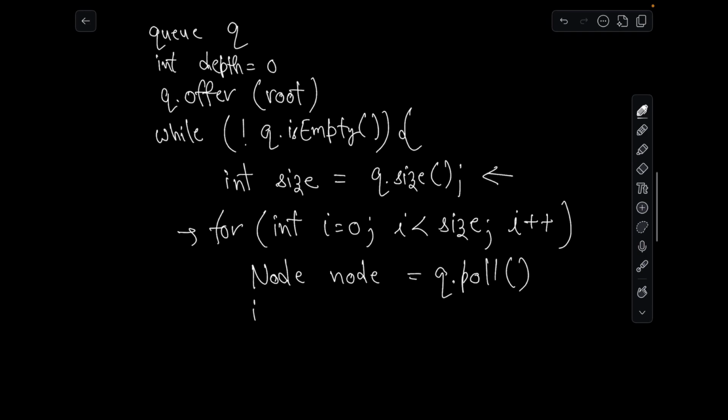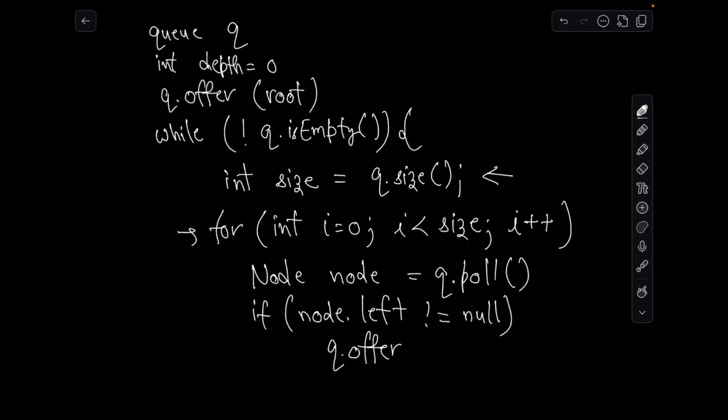and for each node you will be checking if this node has a left child or not. If the left is not equal to null, then you need to add this node's left child to the queue.